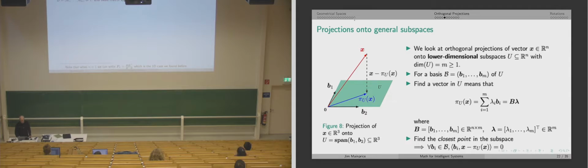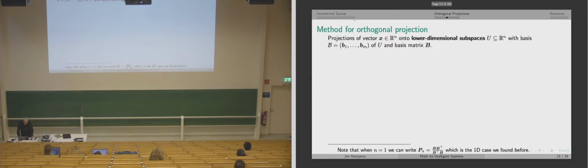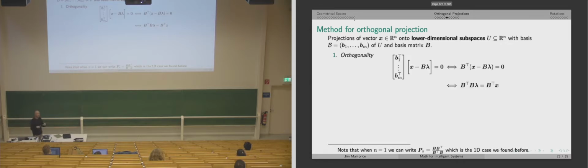so now we can derive our projection matrix. So projections of a vector x onto the subspace, that's what was on the previous slide. It goes like this. We have similar steps, and the first one is the same. We are saying we have an orthogonality property, and we derive the matrix here.